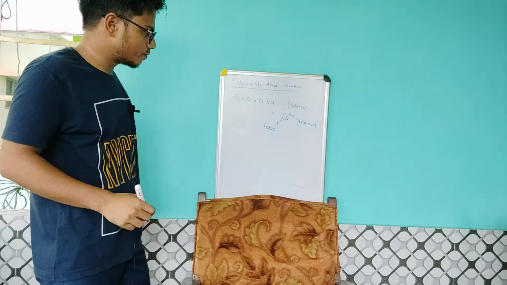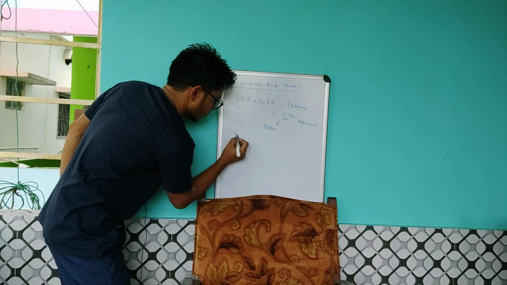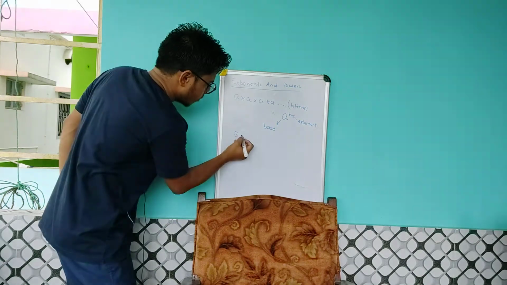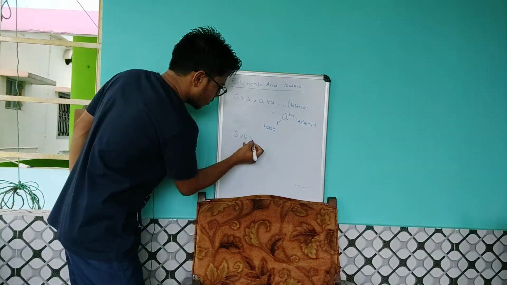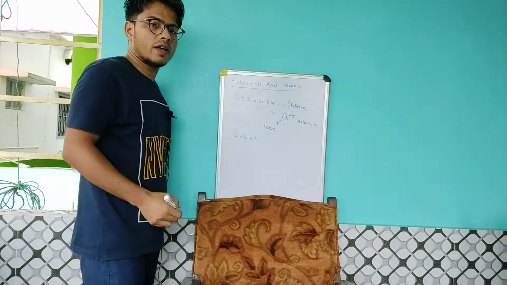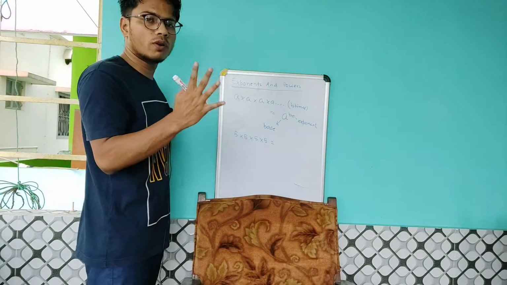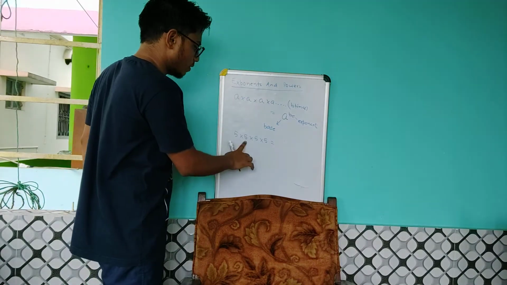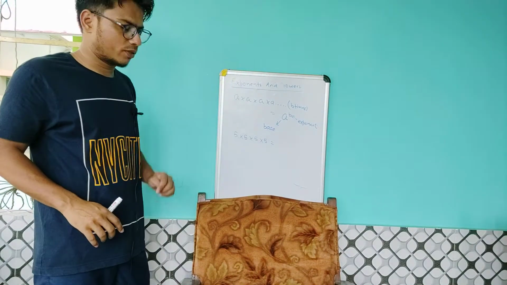For example, if we take 5 and it is multiplied with 5 again, and this is again multiplied with 5, and this goes on for 4 times. 5 is multiplied with 5, is multiplied with 5, is multiplied with 5, 4 times.